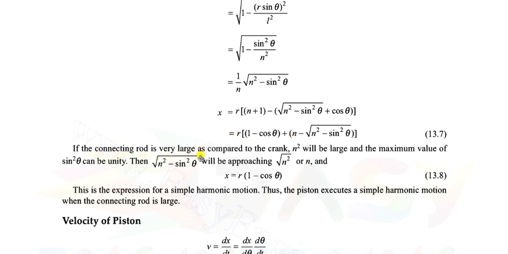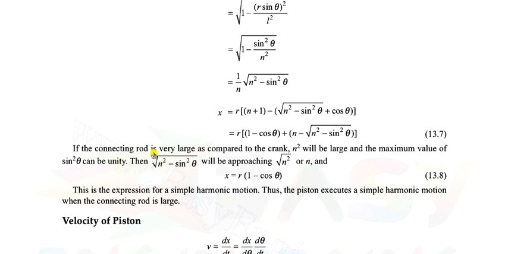If the connecting rod is very large compared to the crank, meaning L is very much greater than crank radius r, then n square will be large, and the maximum value of sin square theta can be unity, since sin theta can be maximum 1.